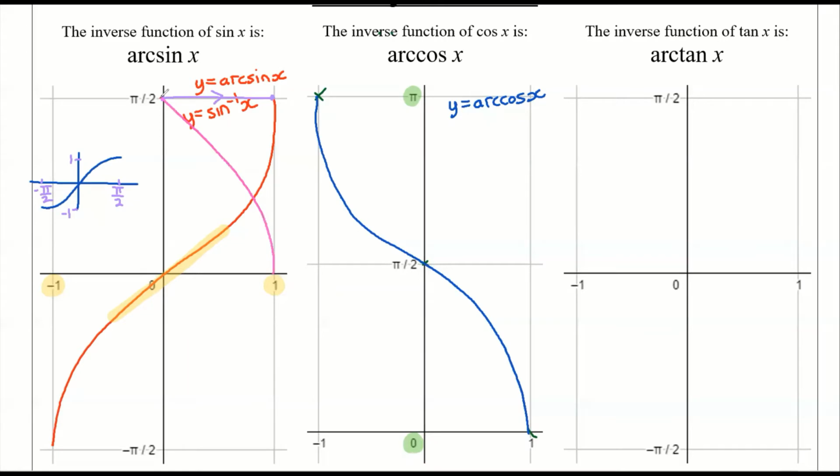So it would go like that, and then it would also at -pi over 2 cut the x-axis. Now you'll notice straight away that is not a function. Okay, it fails the vertical line test because it's a one-to-many. And if you have one-to-many, remember, you're not a function, or you can't function. All right, so we'll get rid of that. So that's why we have to restrict the domain in a slightly different way.